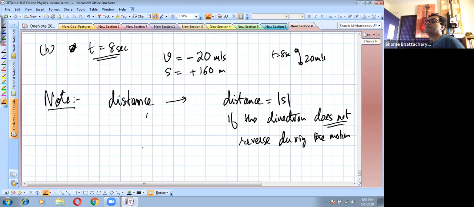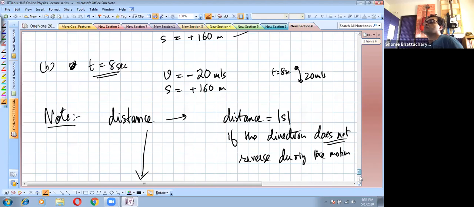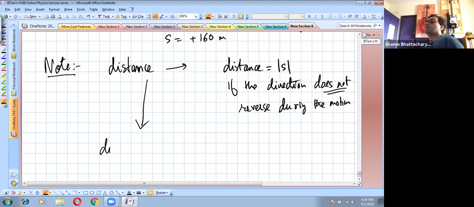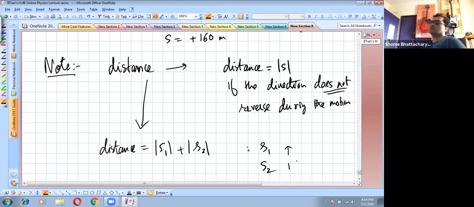But on the other hand, this distance will become the magnitude of displacement, let's say S1, plus the magnitude of displacement S2, where S1 is upwards, S2 is downwards. So that is what will happen in the second part, whereas in the first part, it will be this one.